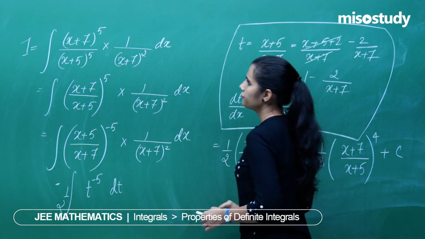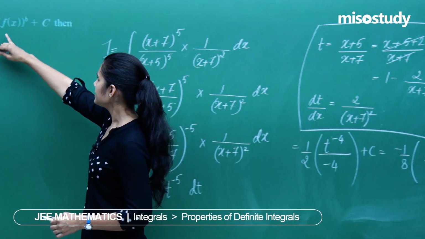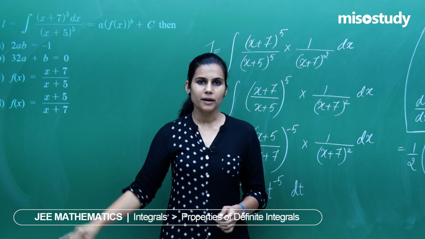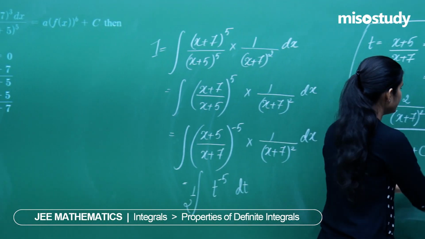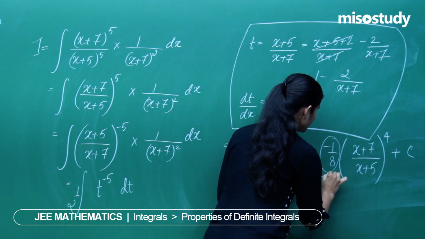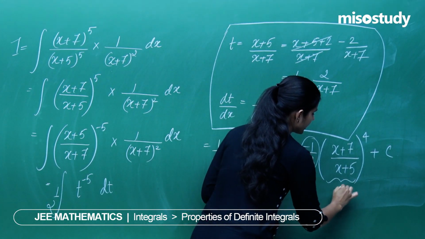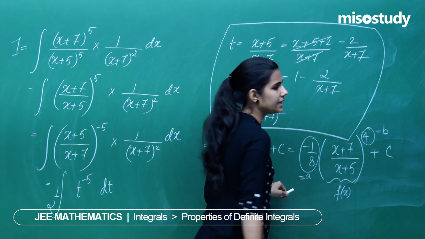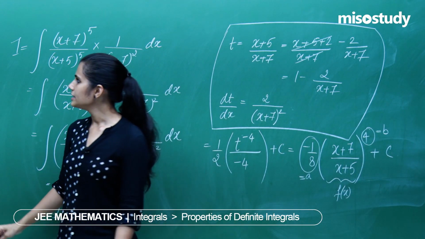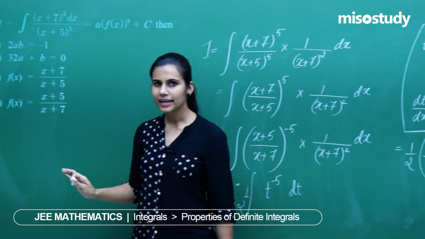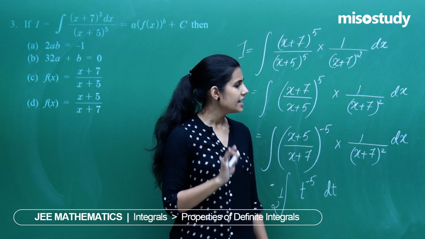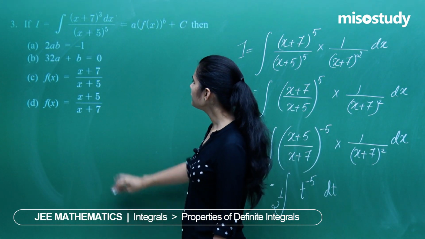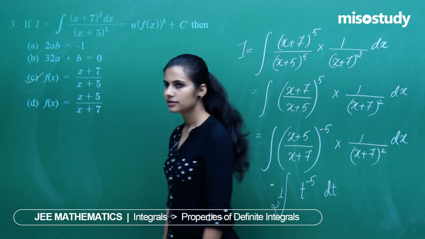And therefore the answer is a times (f(x)) whole to the power b. So this is a, this is f(x), and this is b. What is a? a is minus 1 by 8, b is 4, and f(x) is x plus 7 upon x plus 5.